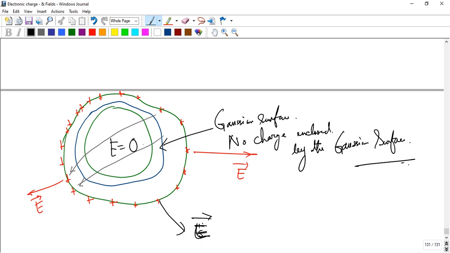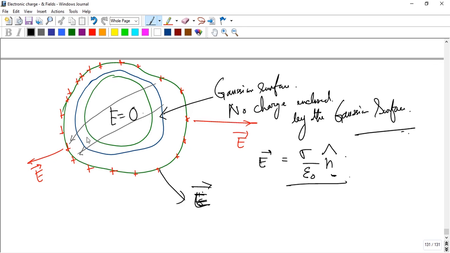From Gauss's law, we know that E equals the surface charge density sigma over epsilon naught, in the direction n cap. N cap represents the direction of the electric field. So we prove this with the help of these concepts.